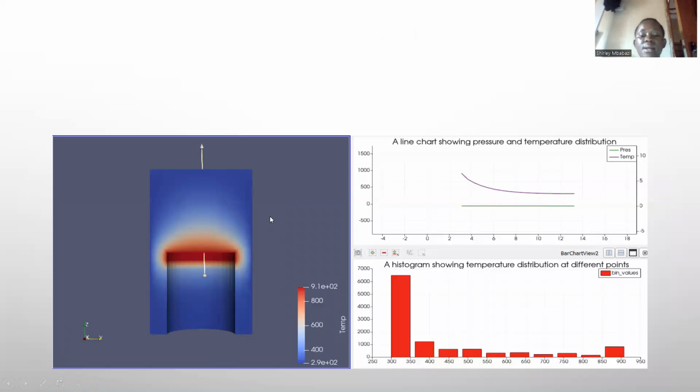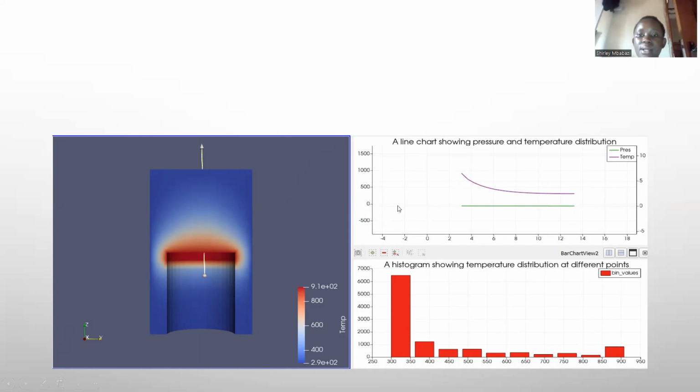So I went further to generate the line graph. This is basically pressure and temperature, and also a histogram, and it was also temperature. From the previous image that we have of temperature, I generated a line graph to show the distribution of temperature and pressure at different points.